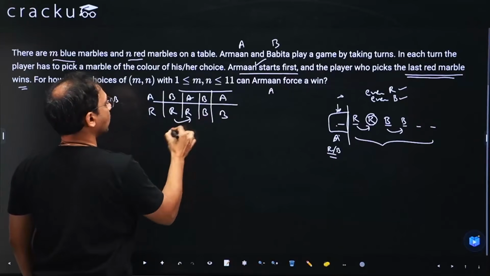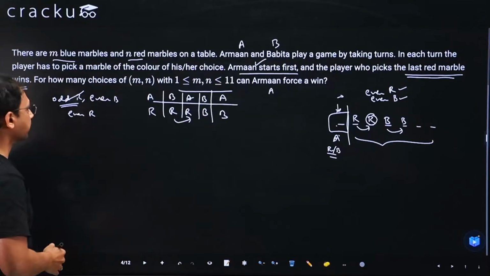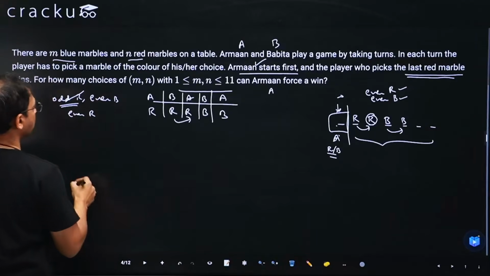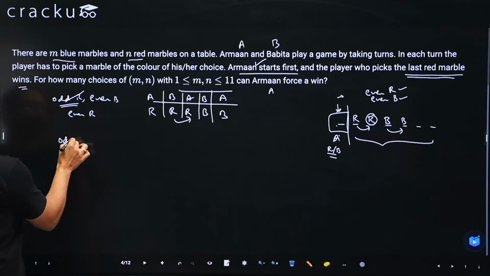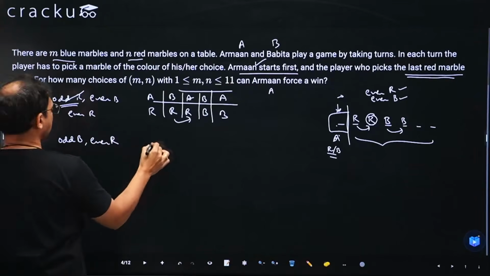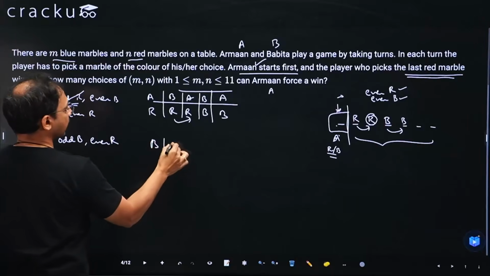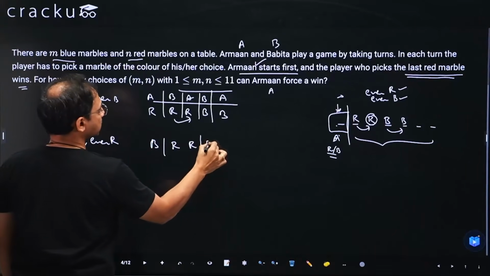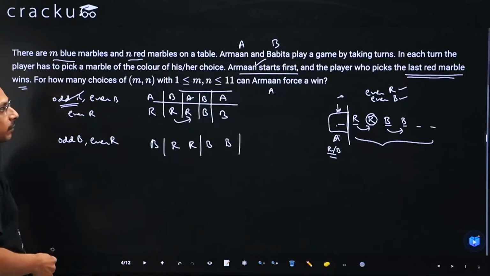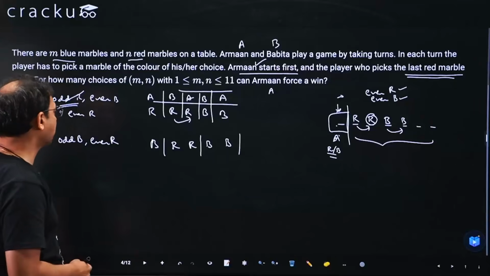In that way, he always gets the last red. Similarly, if that extra marble is blue, we will pick blue first, and from here on, it will be just copying the other pair. In this way, Arman will always pick the last red marble.